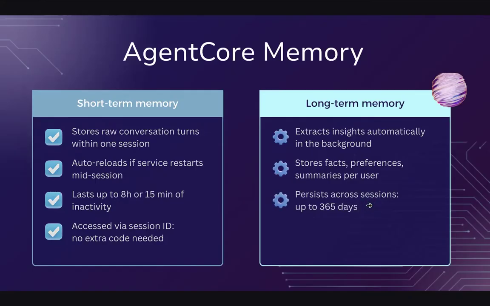When the next session starts, the agent retrieves the most relevant memory using semantic search. The example at the bottom of the slide makes this concrete. In session 1, the customer mentioned a preferred Nike shoe in size 10. AgentCore quietly stored it in the long-term memory. In session 3 weeks later, the agent automatically remembers everything.